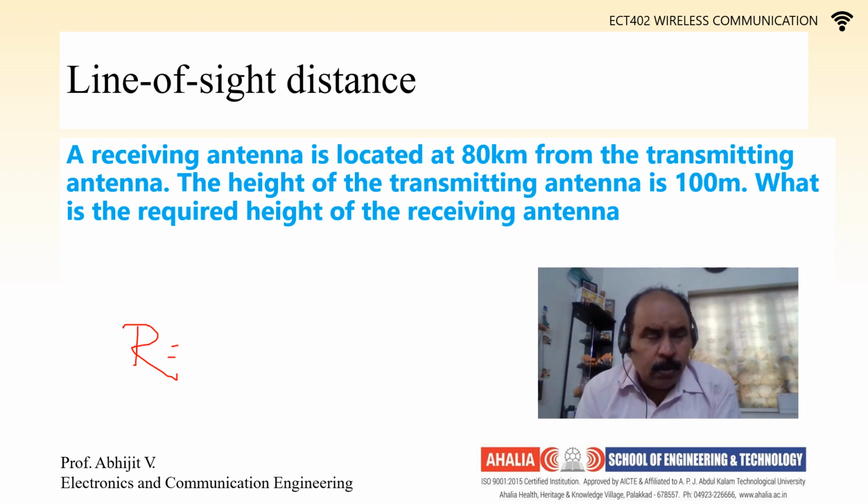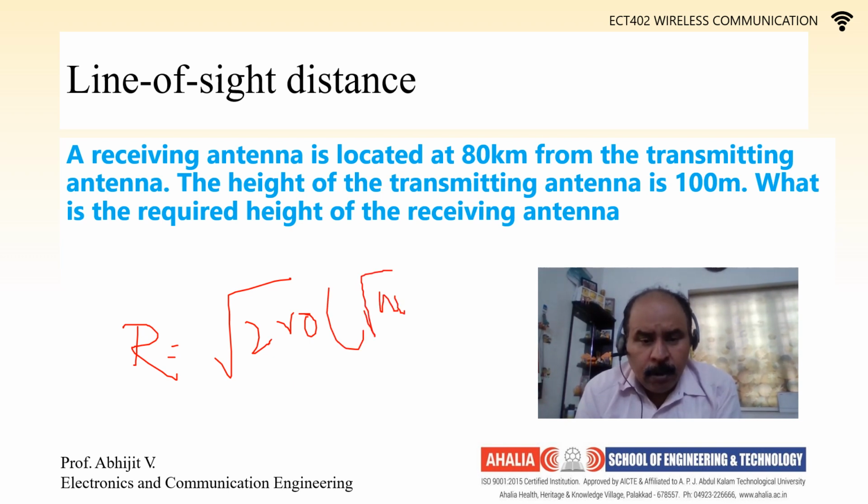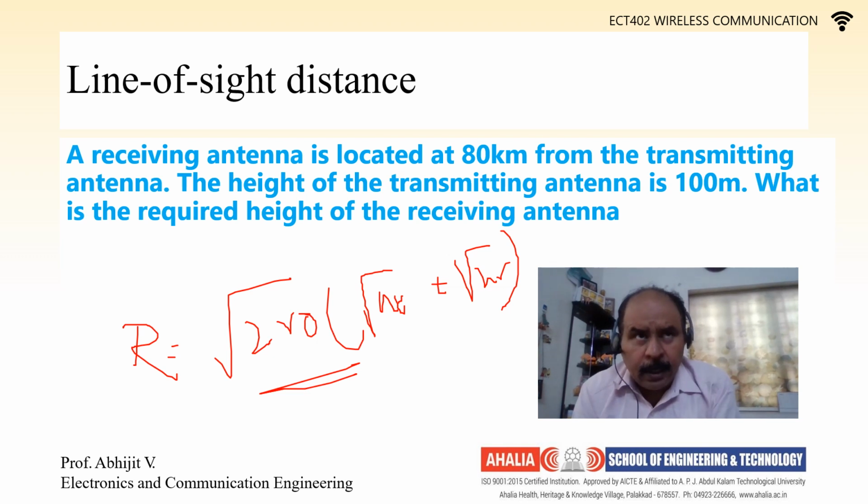R is equal to 2 R0 into root of HT plus root of HR, right? So what is the value you are getting?